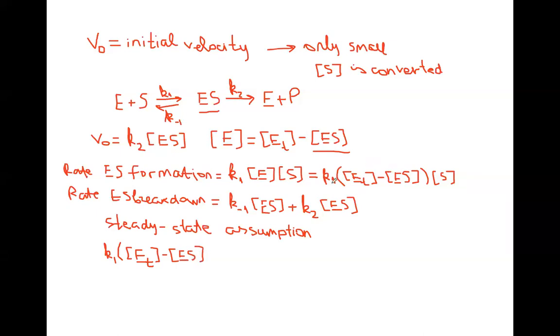That's from here, from this part. So we are equating the rate of the formation to the rate of the breakdown, and the rate of the formation is here. The rate of the formation equals the rate of the breakdown, and the rate of the breakdown is here.